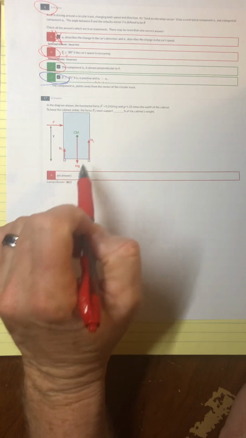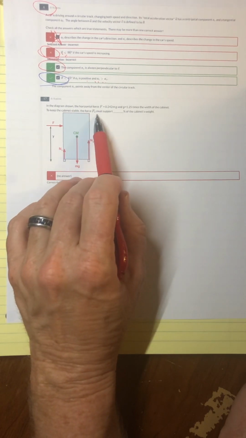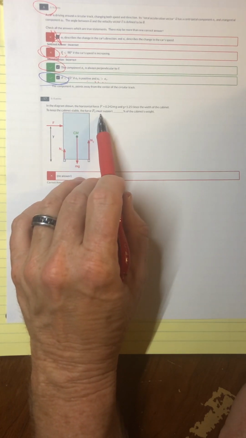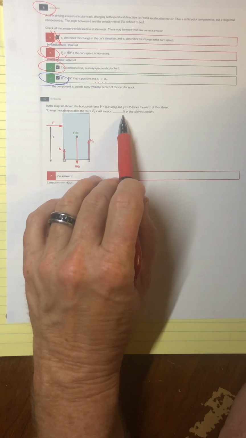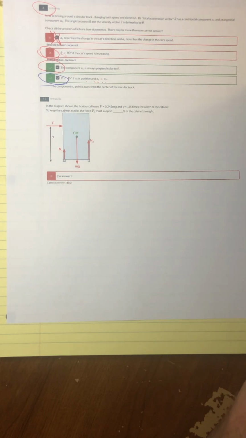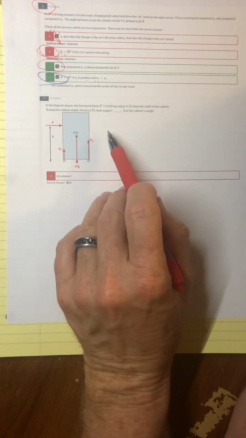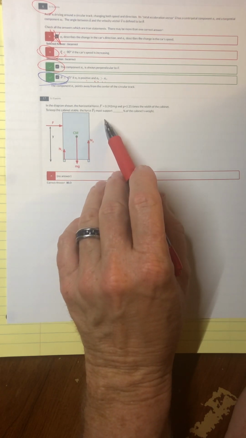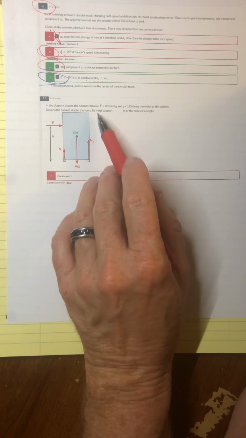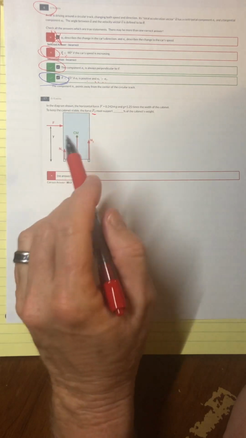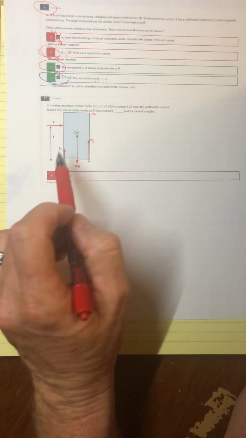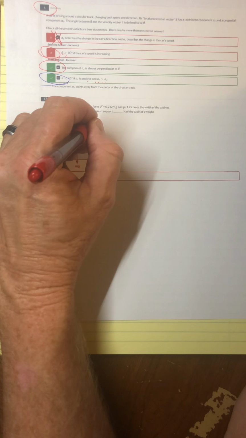the force F2 must support blank percentage of the cabinet's weight. Now I'm a little confused here because they say force number 2, and it makes me think there should be another force here, but I think they want N number 2 in this diagram.